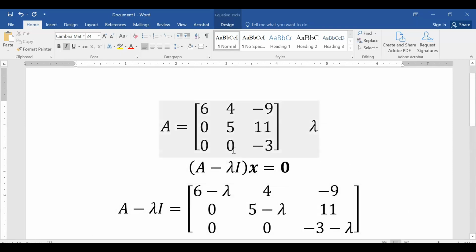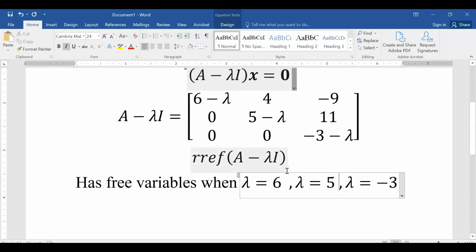Now it turns out those values for lambda give me non-trivial solutions to the homogeneous matrix equation. And what that means is that those values for lambda are going to be eigenvalues for my matrix.